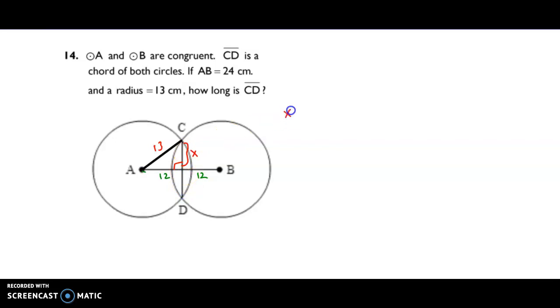You could do x squared plus 12 squared is equal to 13 squared. Or if you recognize that 13 is the hypotenuse and one leg is 12, this is actually a 5, 12, 13 right triangle. So x is 5, so therefore CD is 10 units long.